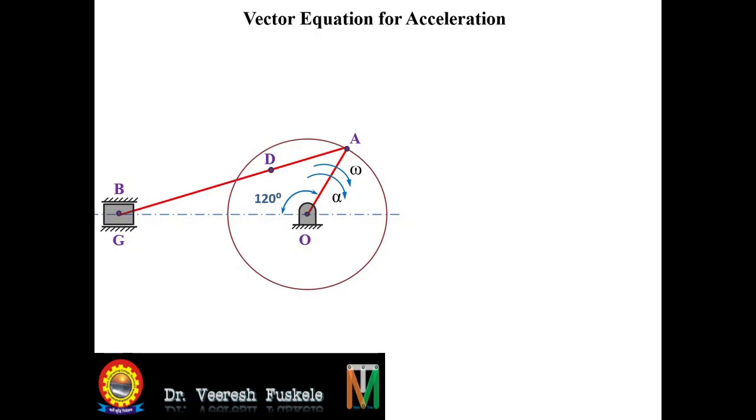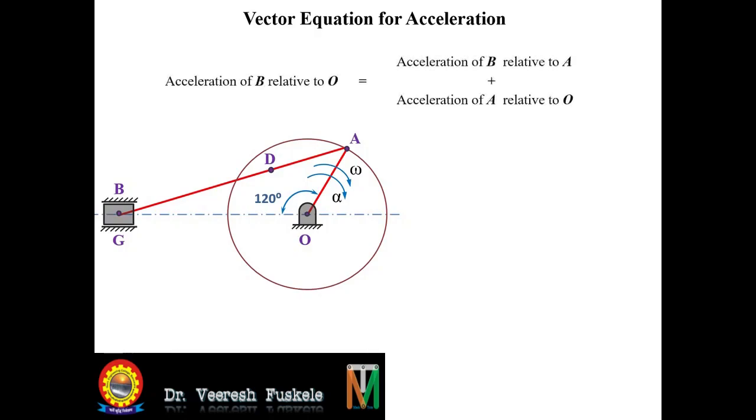So we can write the equation of acceleration as follows. Acceleration of B relative to the fixed point O or G will be equal to acceleration of B relative to A plus acceleration of A relative to O.